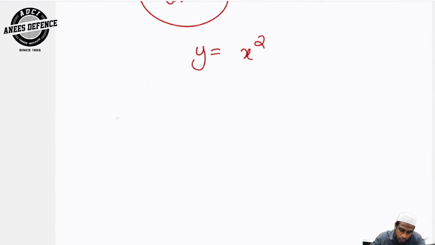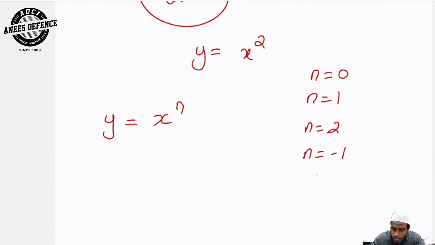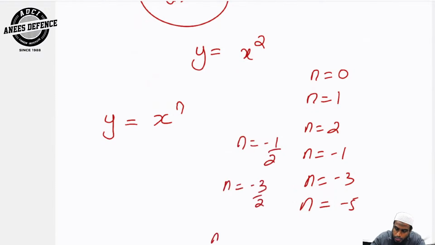So there is a general formula: y equal to x raised to n. N can be anything. For example, n can be 0, 1, 2, -1, -3, -5, -1 by 2, -3 by 2, -9 by 2, whatever.